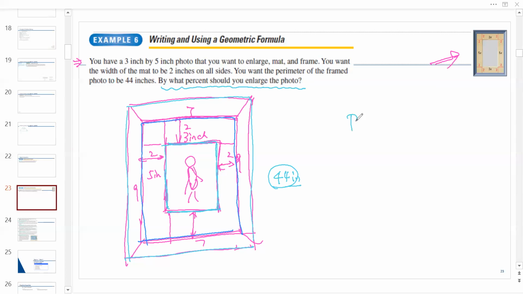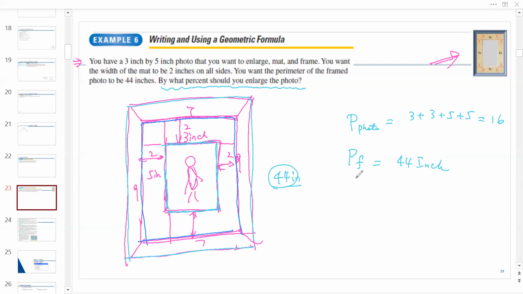So the perimeter of the photo is 3 plus 3 plus 5 plus 5, totaling 16, right? So the frame perimeter is 44 inches. So you can see how much percentage you need to enlarge.